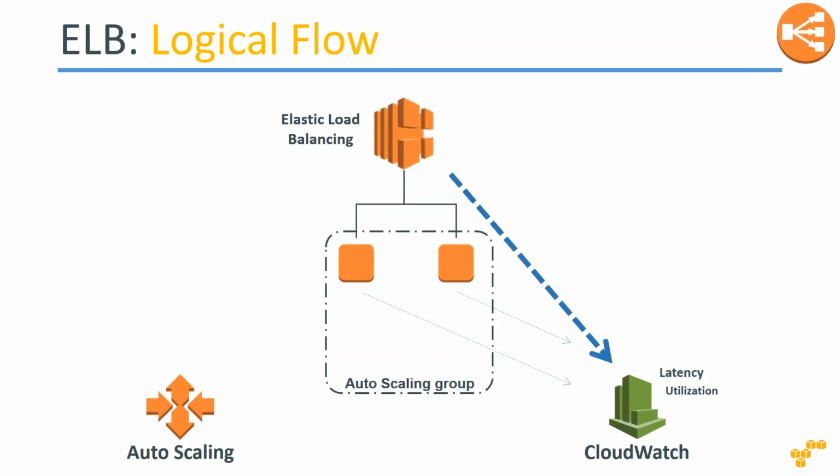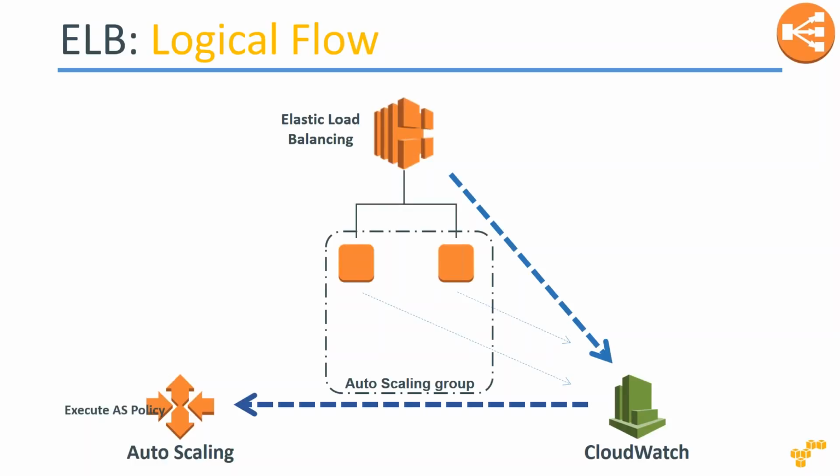So these two parameters are constantly monitored by CloudWatch, and for some reason CloudWatch notices that something is wrong with one of the servers. Let us say the utilization on one of the servers has gone high.